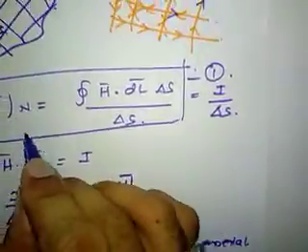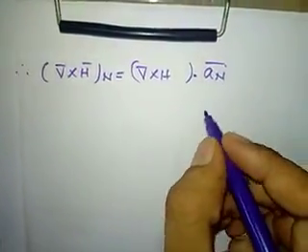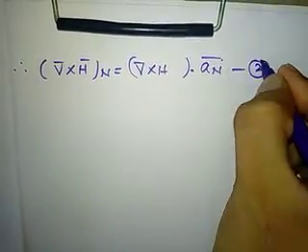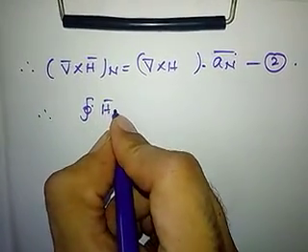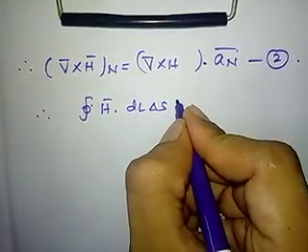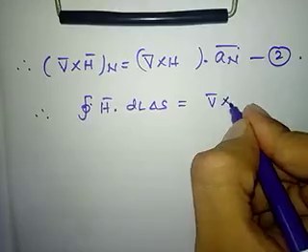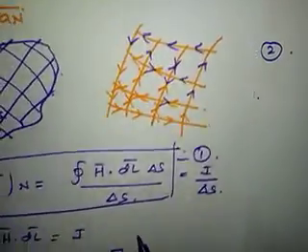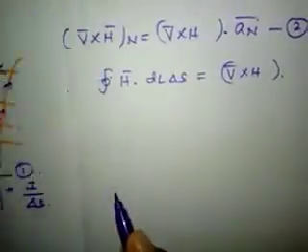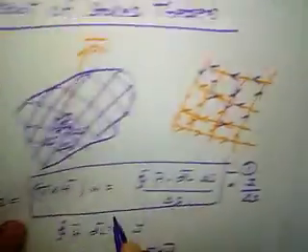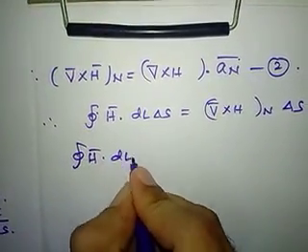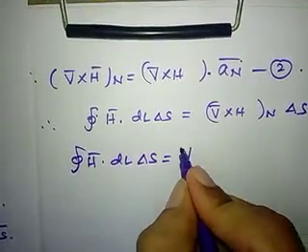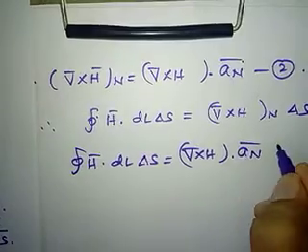Let us call this equation 2. Using equation 2 in equation 1, we can write the closed line integral of h bar dot dl bar is equal to del cross h n times delta s, which is del cross h dot a n bar into delta s.